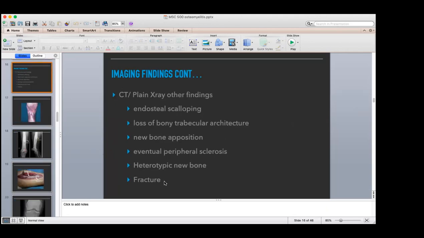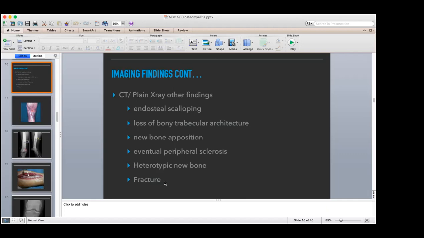Okay, on CT we continued, we'll also have endosteal scalloping. So you can imagine the bone is a compact compartment. So when there's increased pressure because of infection, that pressure will be applied on the inner margins, the inner cortex. So that will give a scalloping impression on the bone. So that's what we call endosteal scalloping.